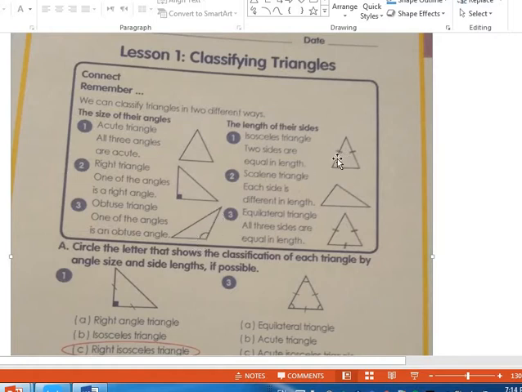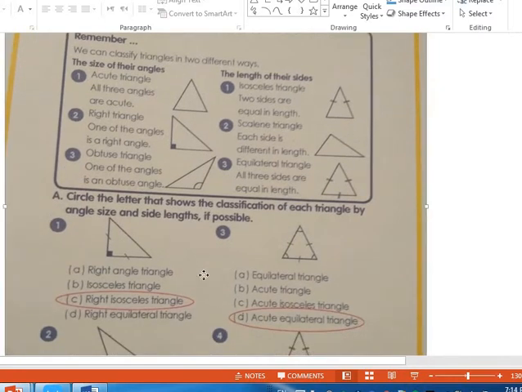When only two sides are equal, this sign indicates that they are equal in length. So here it's isosceles. No side equals the other: scalene. Equilateral: all sides are equal in length.